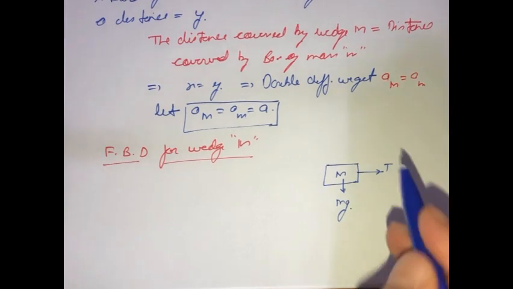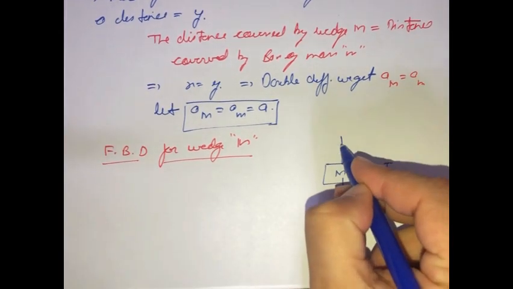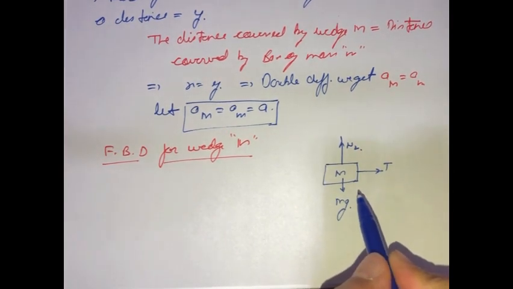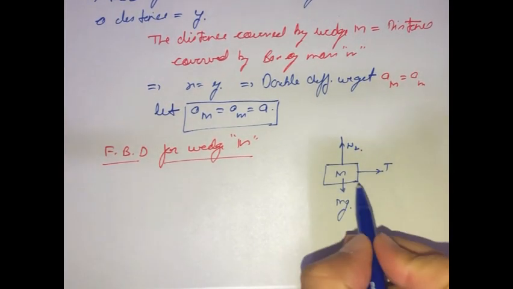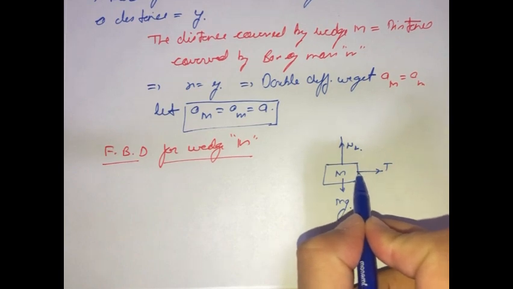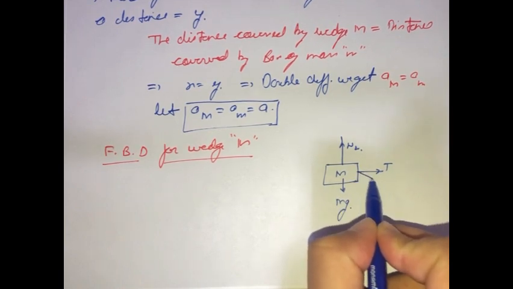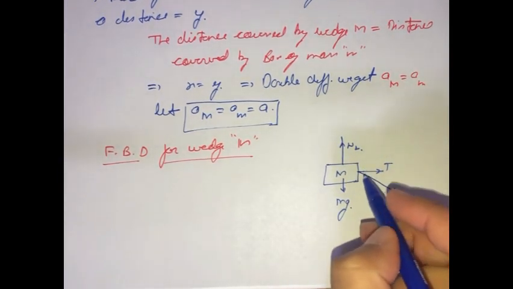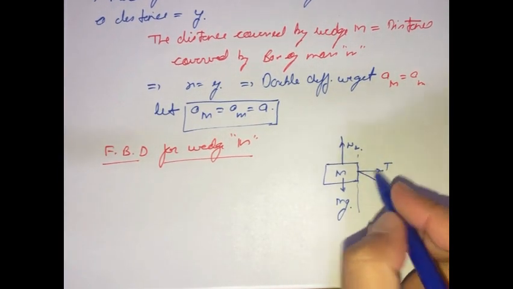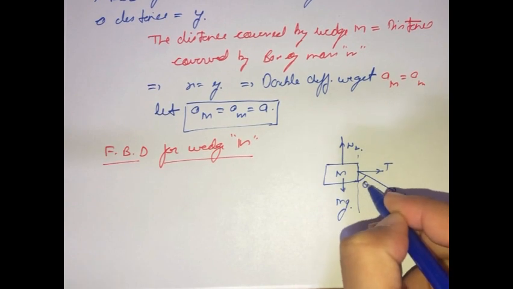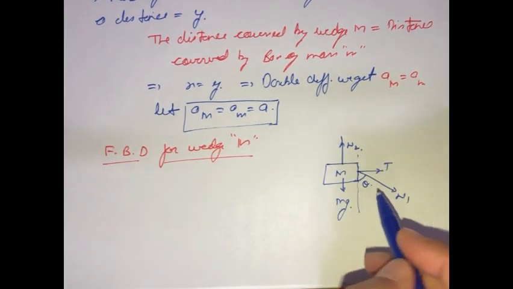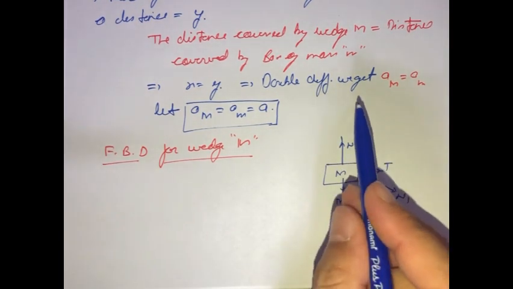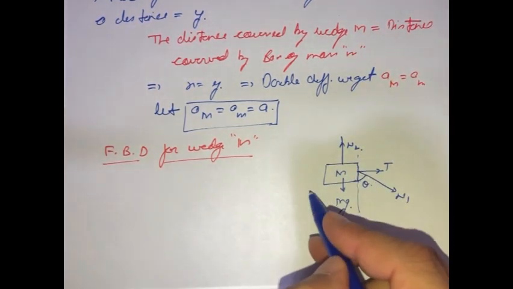There is a normal N2 in the upward direction, and there will be normal N1 which will be at a certain angle. This is normal N1, and it will be making an angle of theta with the vertical. And we are also going to have a tension T which will be at a certain angle also.